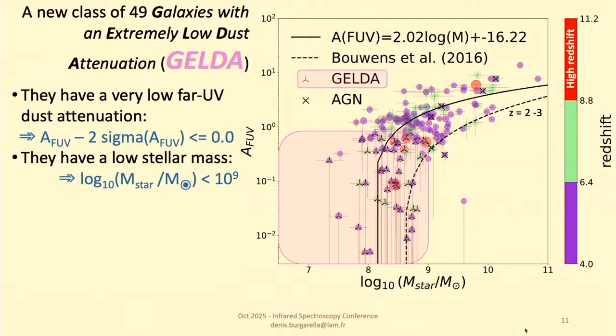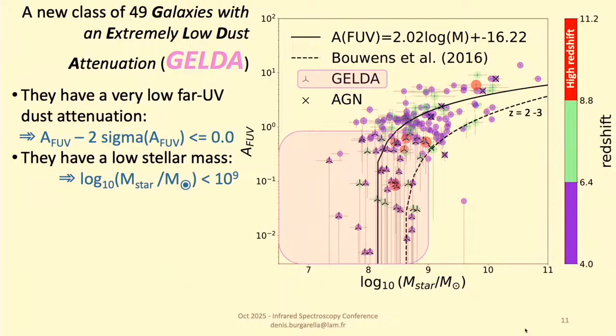We have a number of AGNs here, 7, I think, that are just flagged, but nothing special about them. And we have what I called GALDAs, galaxies with an extremely low dust attenuation. These are defined as follows: the dust attenuation within 2 sigma is consistent with 0. You see all these large uncertainties down here, and that's the reversed Y that you see. So all the objects in this part are what I call GALDAs.